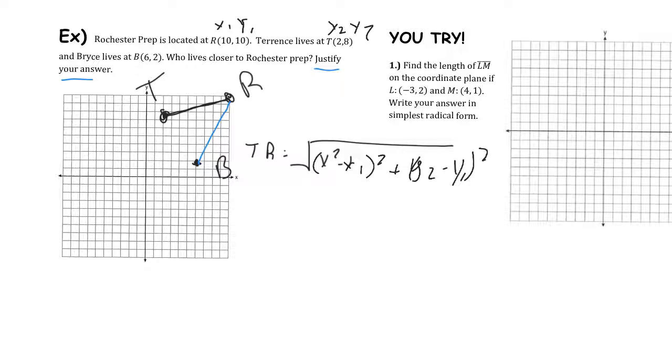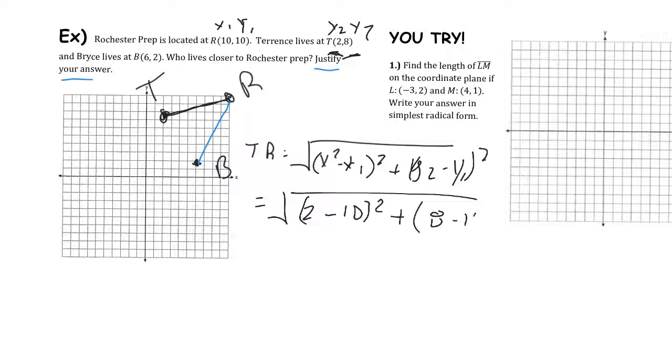Because I want to find the distance between those, and it just helps with our substituting. So square root of x2 minus x1. Well, x2 is 2 right here, and x1 is 10, so minus 10. And I square it. Plus y2 is 8 minus 10 for y1, squared.